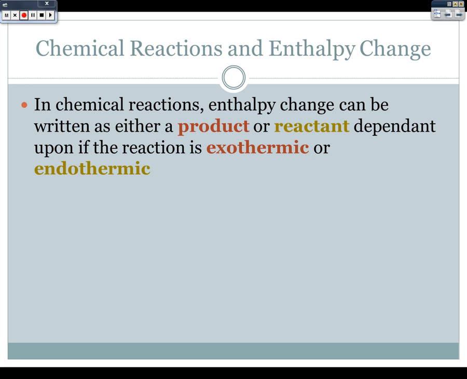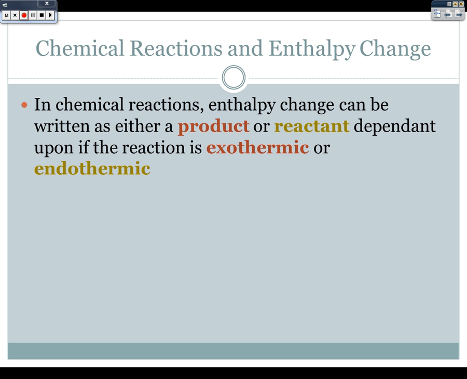Heat is put into the surroundings from the system, so heat is a product. It is produced from the reaction. Whereas an endothermic reaction takes heat in from the surroundings into the system in order for the reaction to occur. In that case heat is a reactant. The reaction requires that heat in order to actually occur.